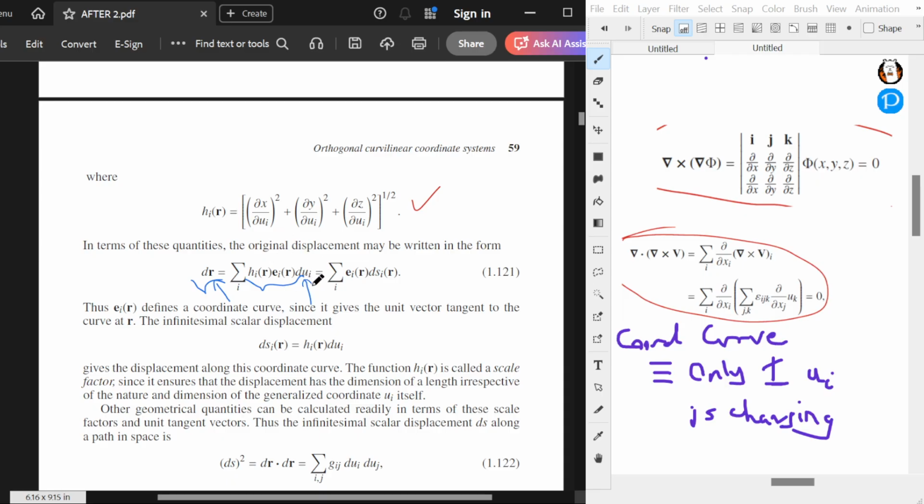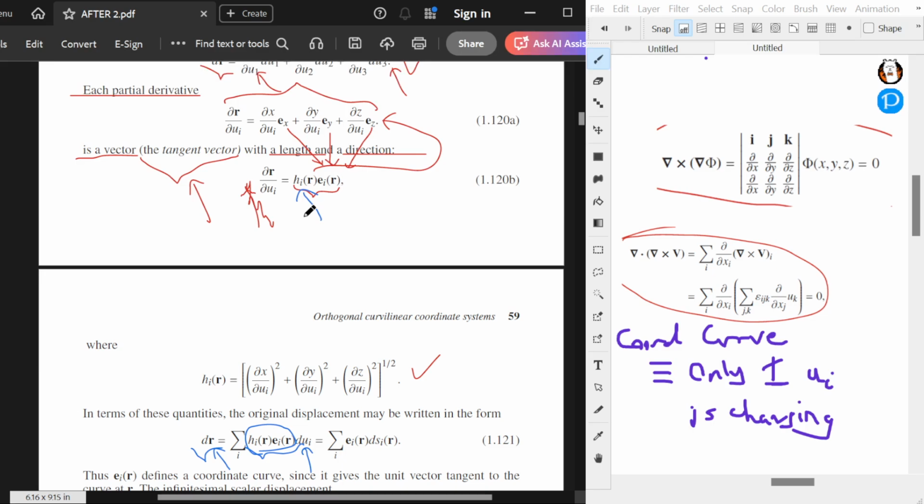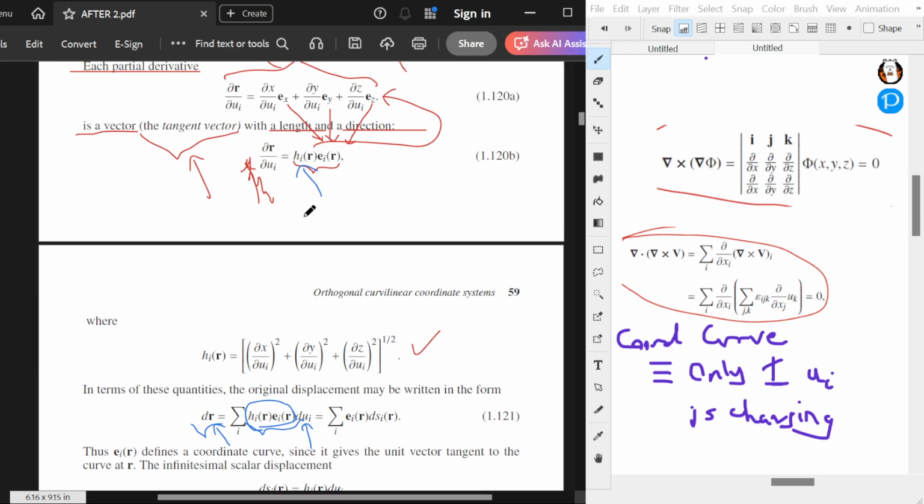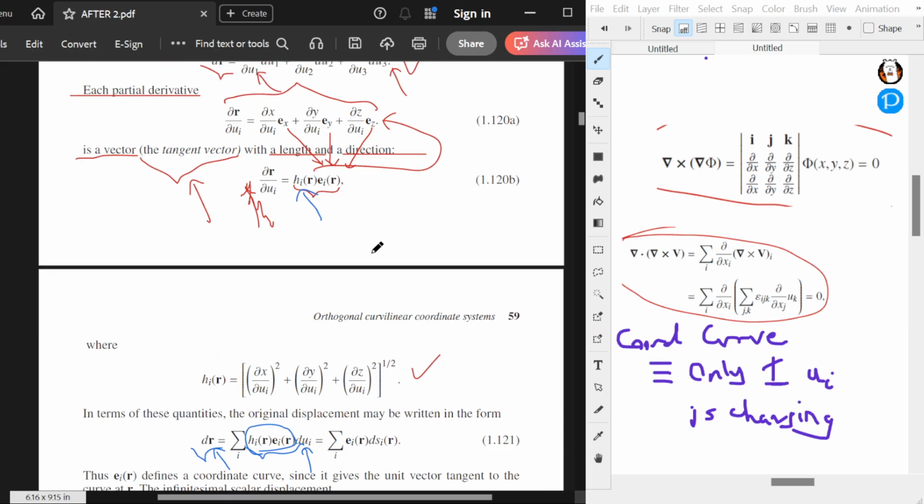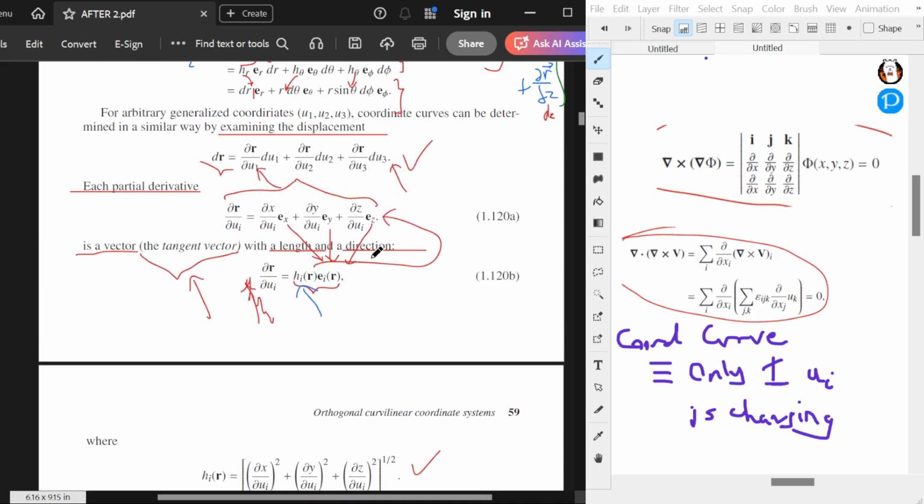What is this du_i about? The h_i e_i is just the h vector. h_i equals del r over del u_i, which is this.